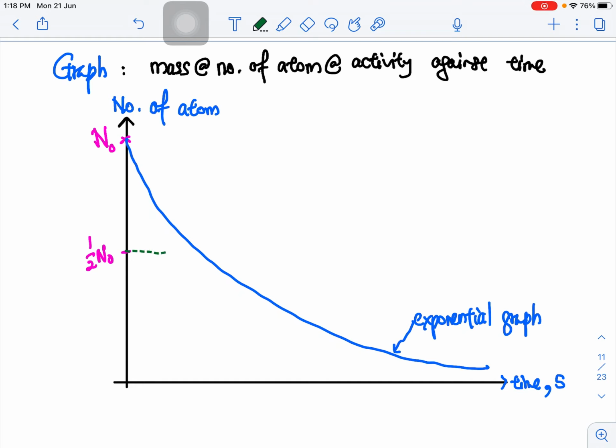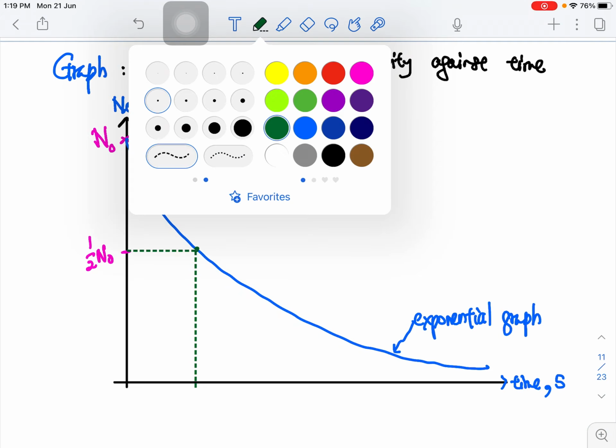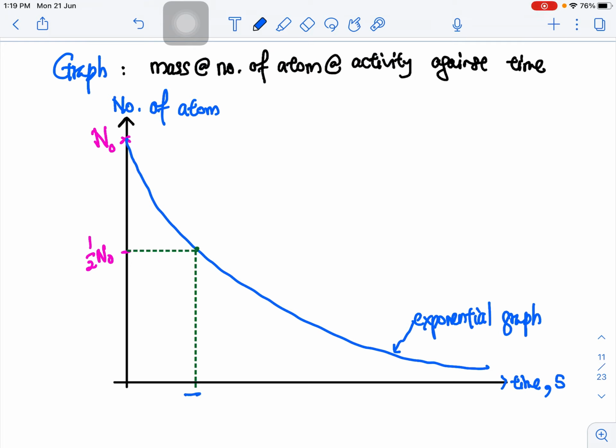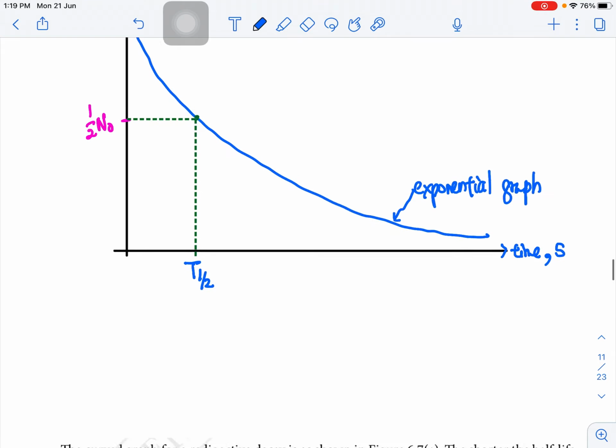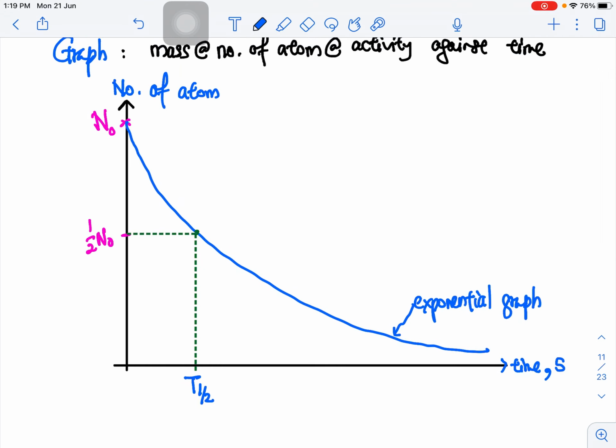We draw a horizontal dotted line until it touches the graph of the radioactive element, and then we draw a vertical dotted line until it intercepts the time axis. The value where it intercepts the time axis is our half-life. That's how we determine the half-life of a radioactive element from the graph.